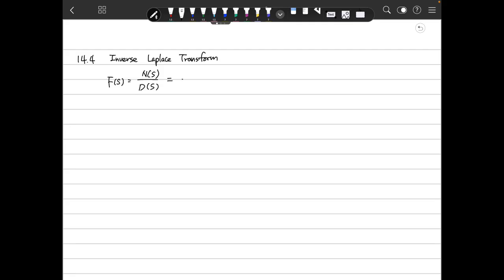It will be expressed in a form, for example, the denominator is s^n + a_(n-1) s^(n-1) + a_(n-2) s^(n-2) + ... + a_1 s + a_0.